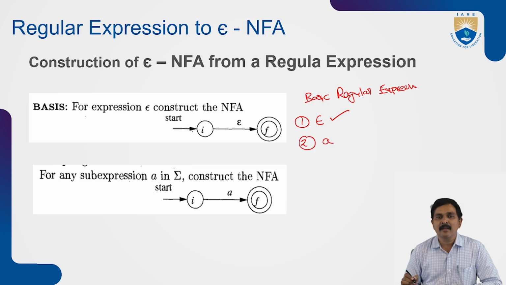Not only a: you can take any single transition symbol, a, or other than a you can take b or c, whatever. So the single element is either the null value or any other symbol. In that case, we are using the basis.